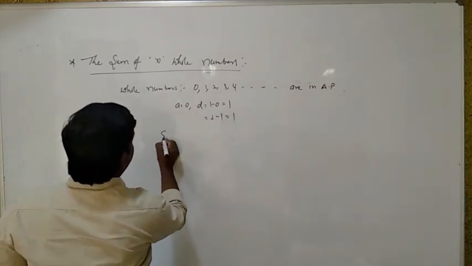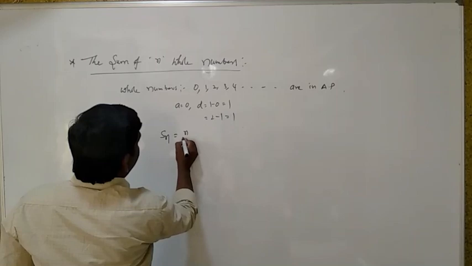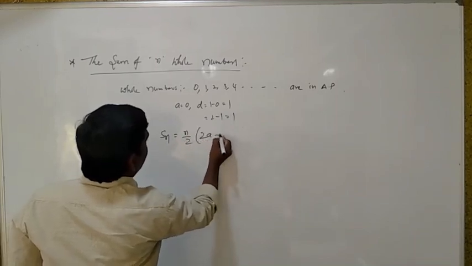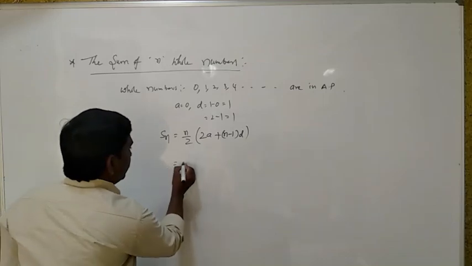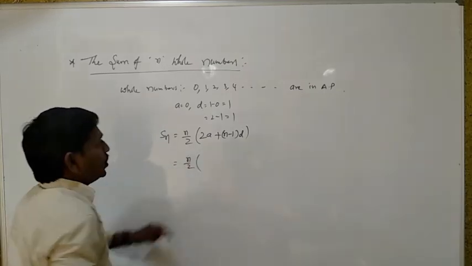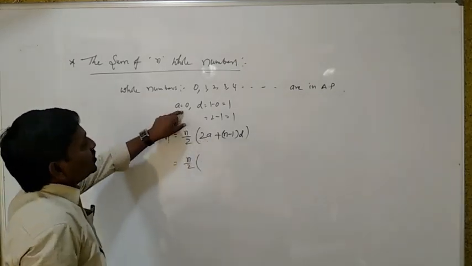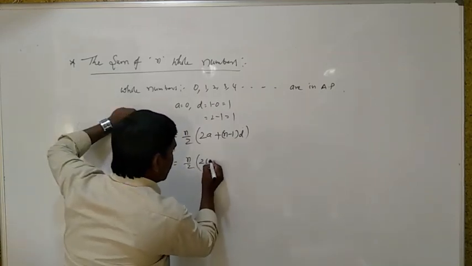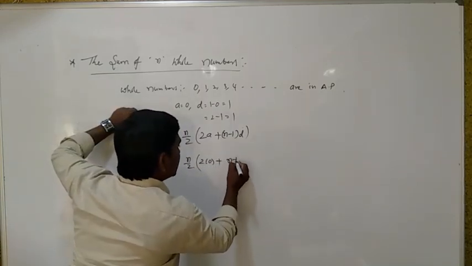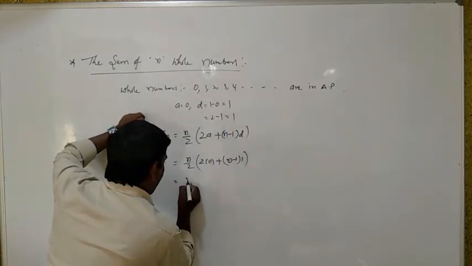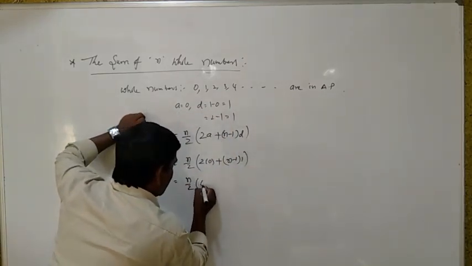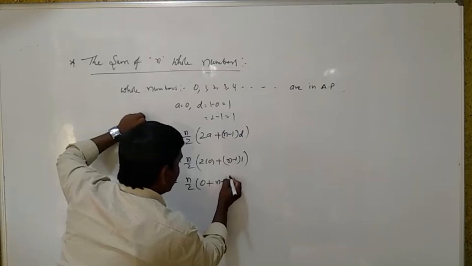Take the formula: Sn equal to n by 2 into 2a plus n minus 1 into d. Here a value is 0, so 2 into 0 plus n minus 1 into d, value 1.